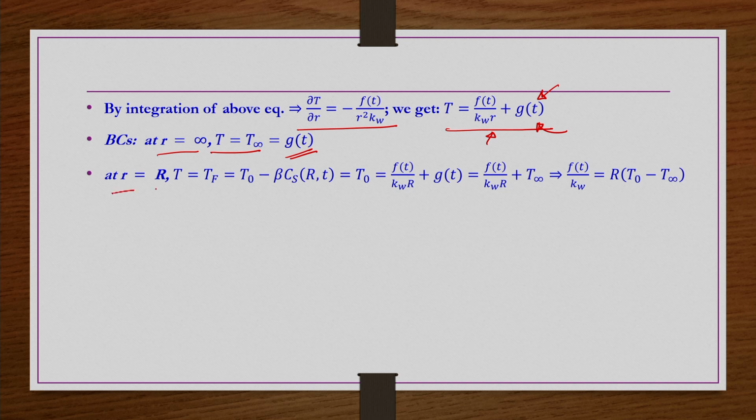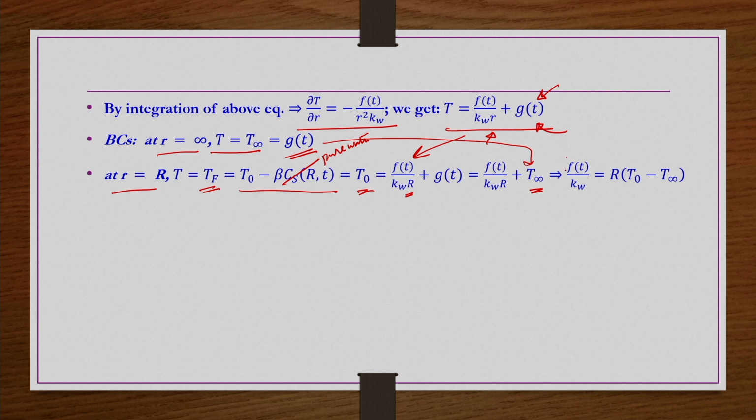The other boundary condition at r equals capital R is T equals Tf, the freezing point, which is given as T naught minus beta Cs at capital R comma t, but it is pure water. We are doing problem B with pure water, problem C is for the salt water case. So for problem B, salt concentration is 0, so Tf is nothing but T naught. Substituting here, we get f of t by Kw capital R plus g of t, which equals T infinity from the first boundary condition.